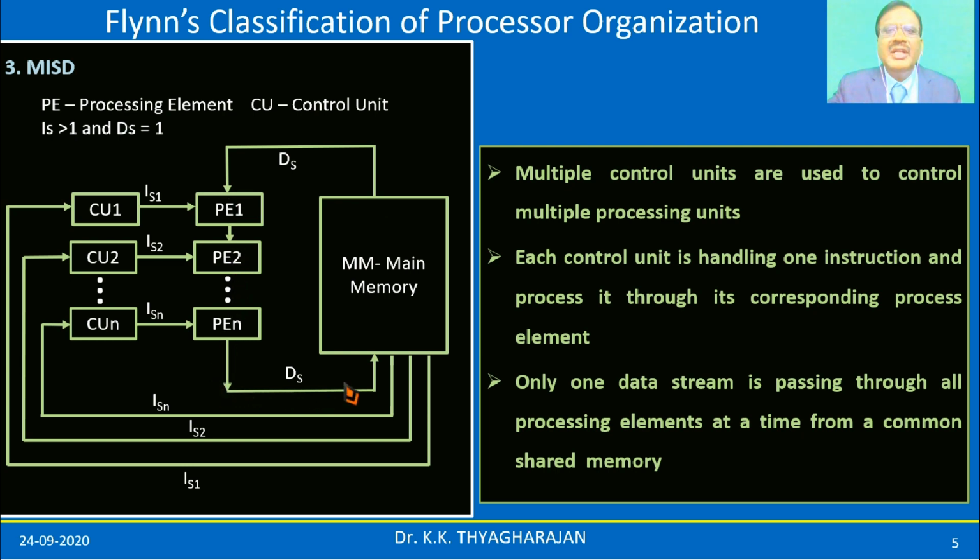So only one data stream is passing through all the elements, but many instructions are brought from the main memory to the control unit.